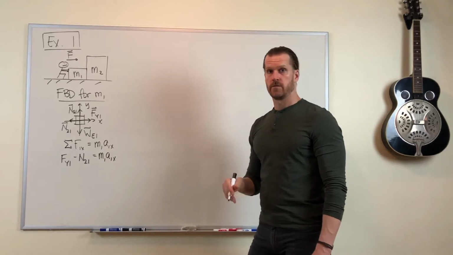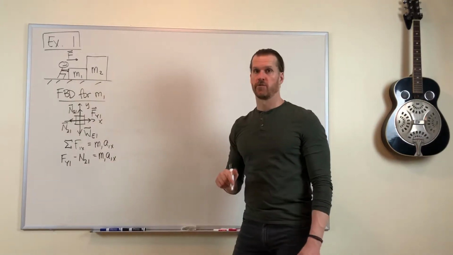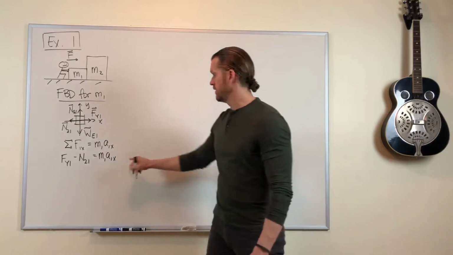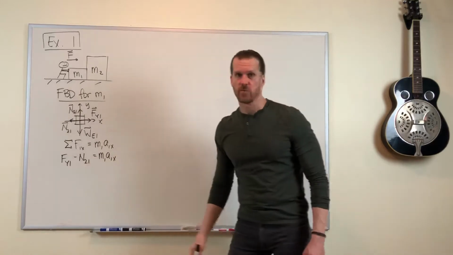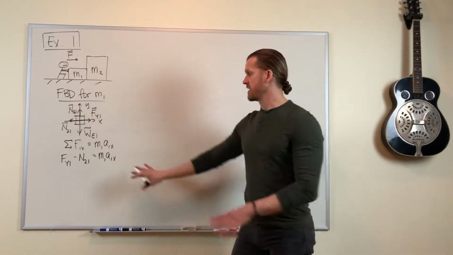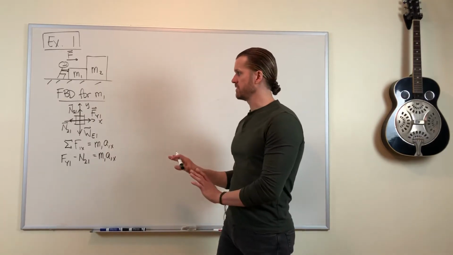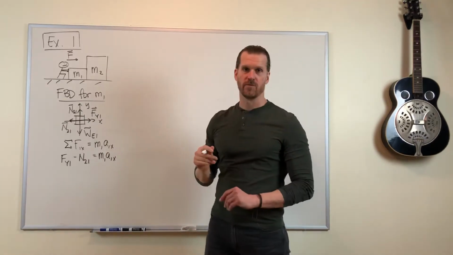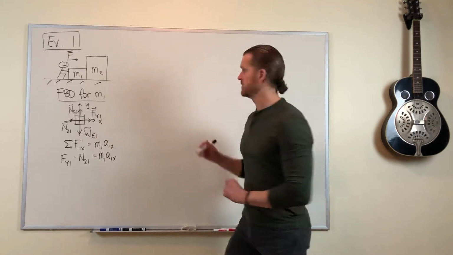Now at this point, we're kind of stuck because we have one equation, but there's two unknowns in it. We don't know the acceleration yet. We also don't know how big that normal force is. So we can't really solve this. So let's just leave it for now, look at mass 2, and then figure out some connection between the equations we get.